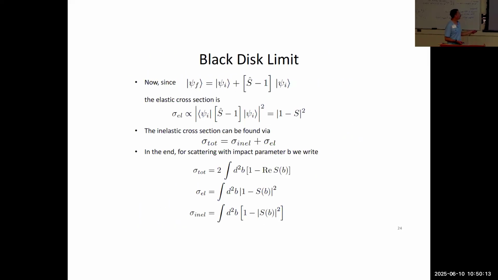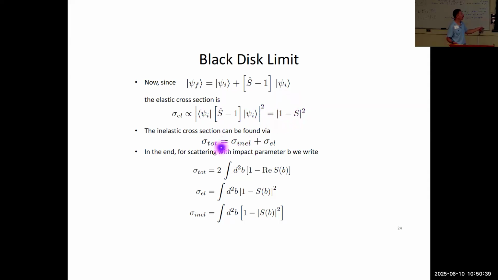If you want an elastic cross section, elastic is just the probability that the scattered state is the same as the incoming state. So we just take the overlap of the scattered state and the incoming state, and we square it. And that's just 1 minus S, without the hat, the matrix element of S hat sandwiched between initial states, absolute value squared.